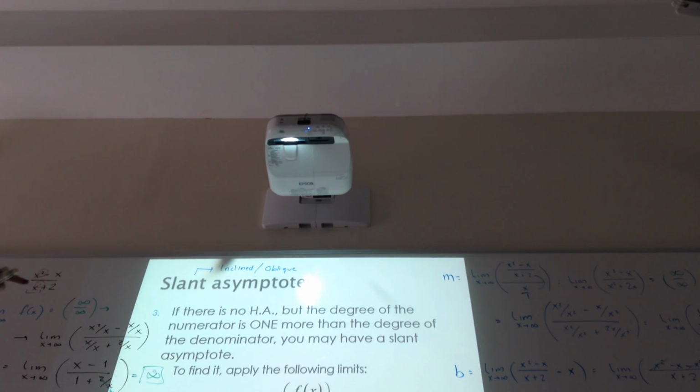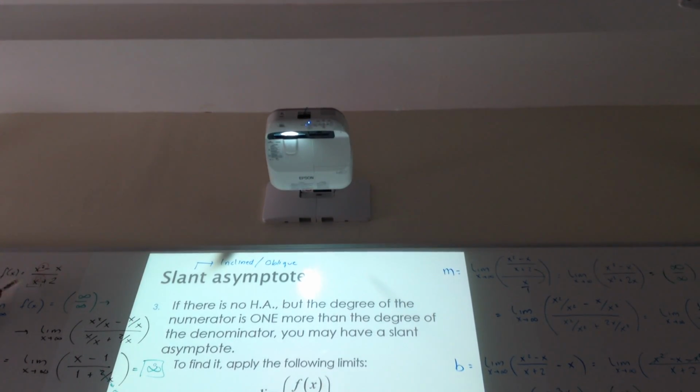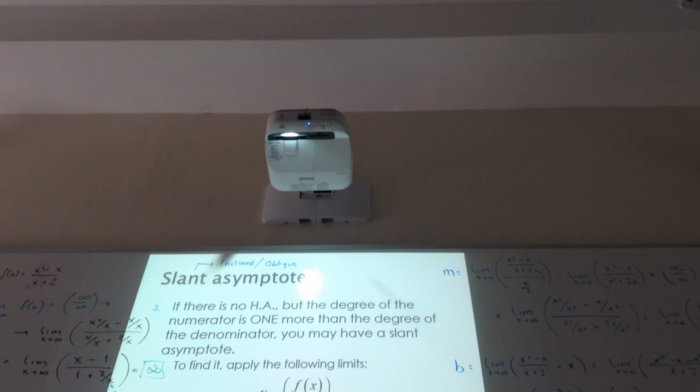We already have m, which is 1, we have b, which is minus 3. So now we can use the equation. We're going to graph it. We're going to graph the slant, and the slant is also one of the asymptotes. Using that equation, we graph the slant. Not this one, because for this one I need more information.